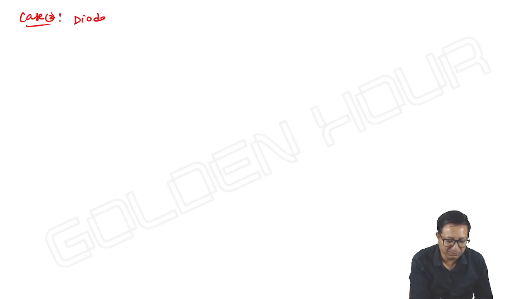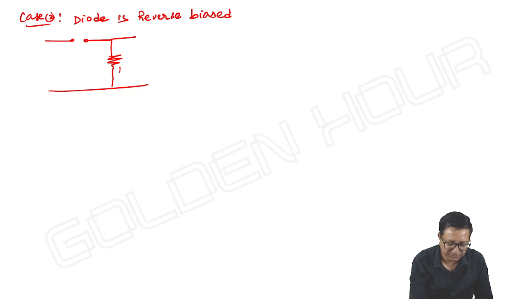The diode is reverse biased. Then it simply acts as an open circuit. What is the output? 0.